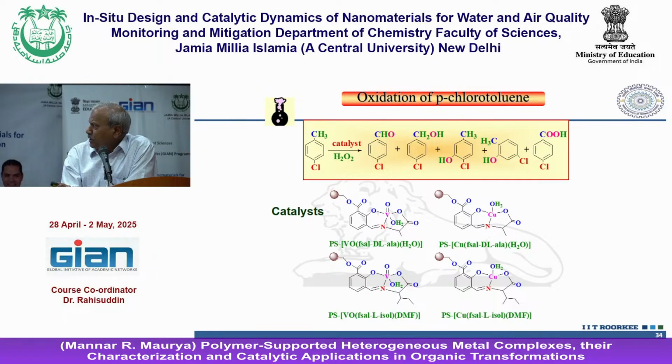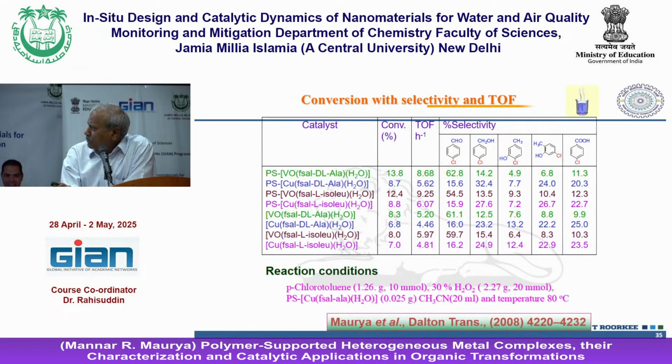When you look at the data here, the maximum conversion is 12%, not much, but based on whatever conversion there is, at least the different products can be analyzed, because gas chromatography requires only ppm level concentration. There we can go for that and we can characterize that.